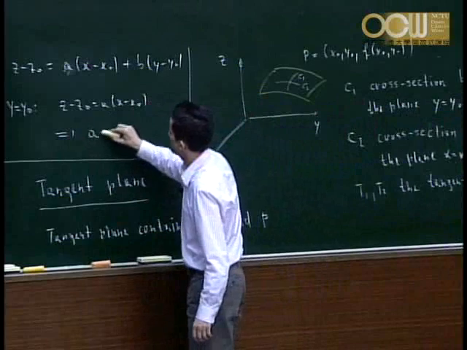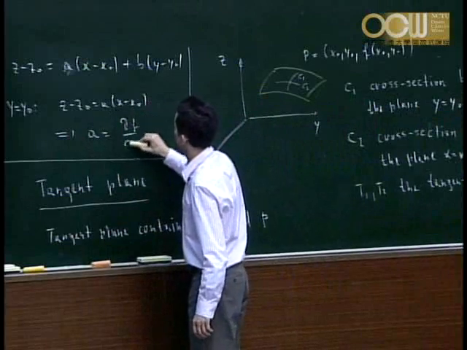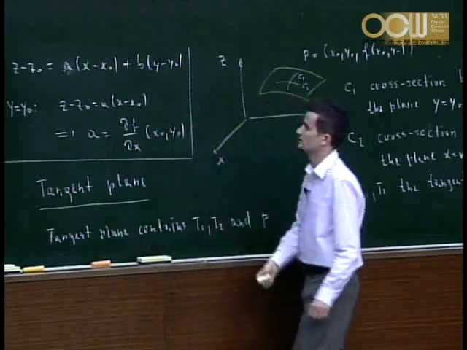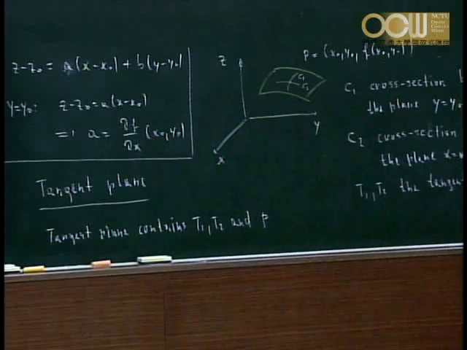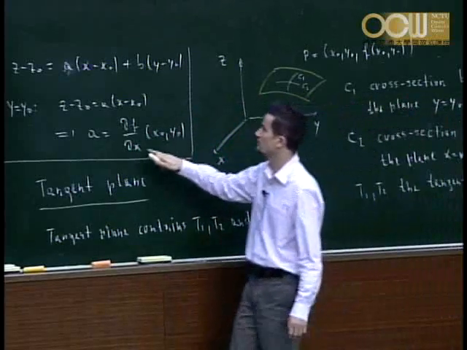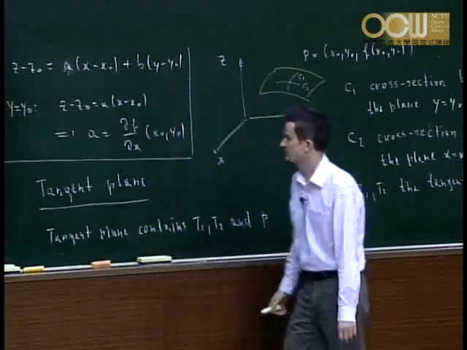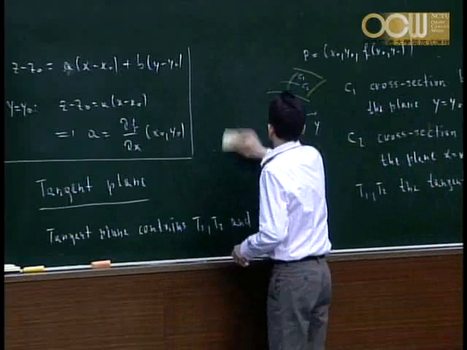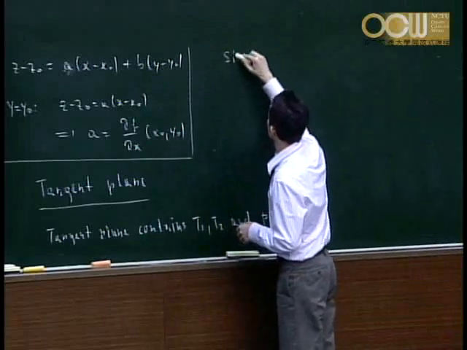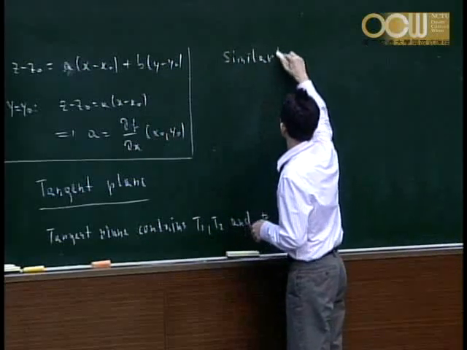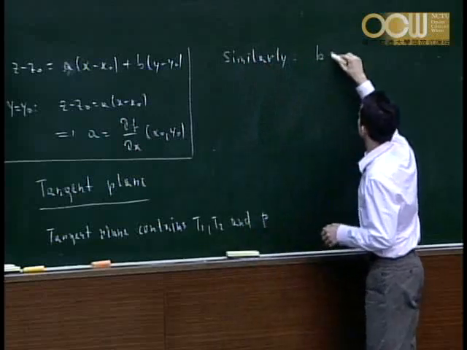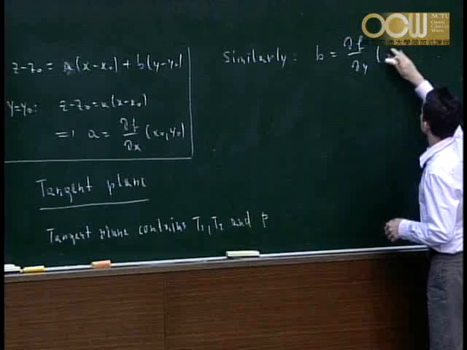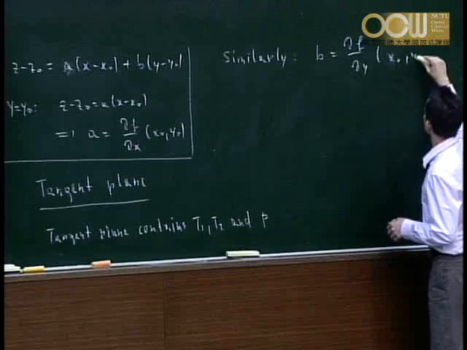So a is the partial derivative of f with respect to x at x0, y0. And similarly, you get that b is the partial derivative of f with respect to y at x0, y0.